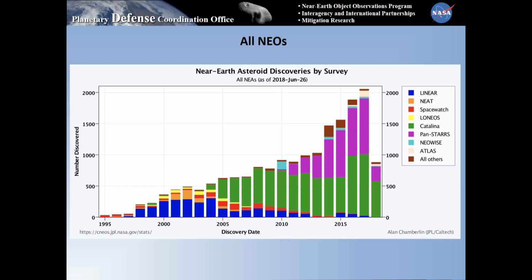And then in the purple, the Pan-STARRS survey was brought on in 2011 and started making discoveries, and you see how they have added to the overall count in our catalog. Last year in 2017, we reached an all-new record of over 2,000 near-Earth asteroids discovered, 2,057. So far this year, we have discovered 882 of all sizes. We're a little behind the curve from last year.